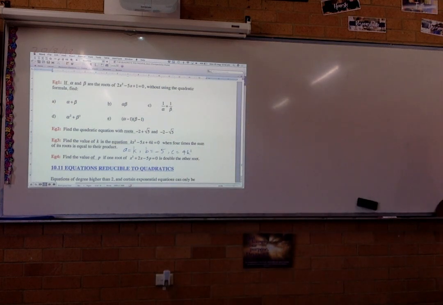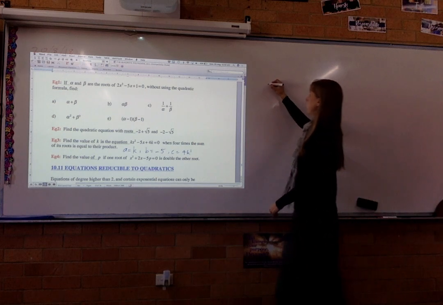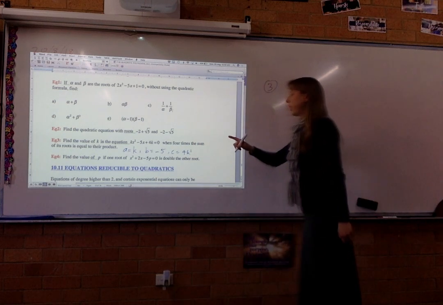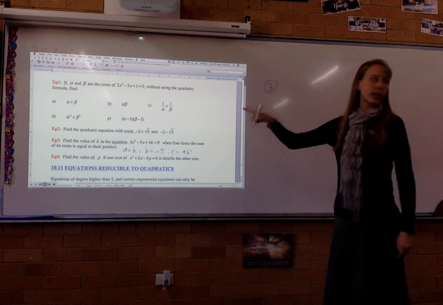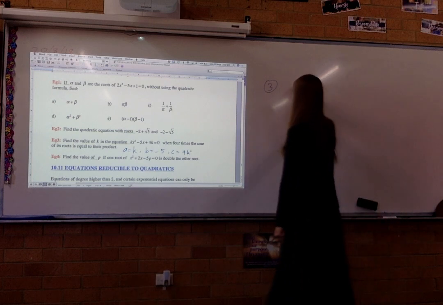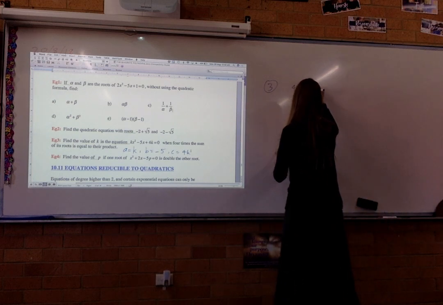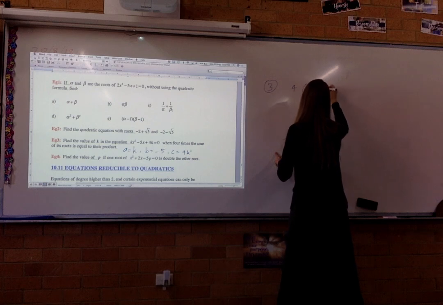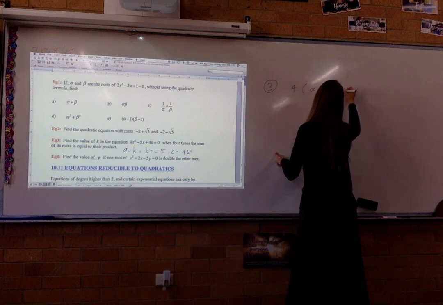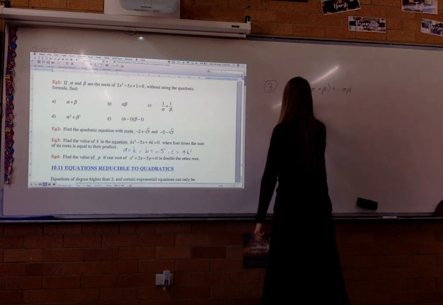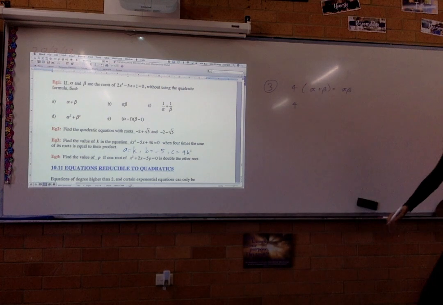So what we are told is that, question 3, 4 times the sum of the roots is equal to their product. In other words, 4 times by the sum of the roots is equal to their product. Okay, well, the sum of roots. Go back to your notes.